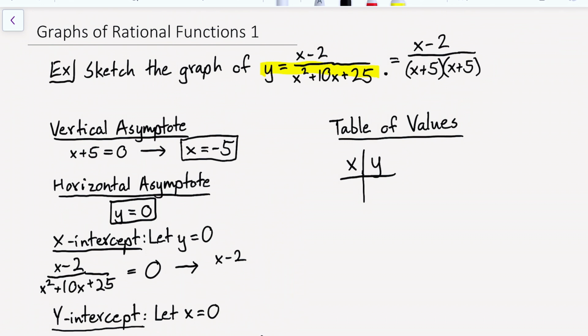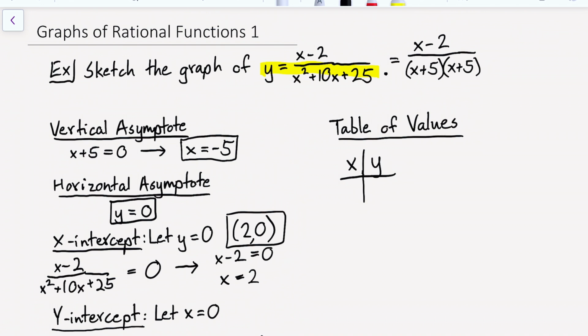The denominator can't equal 0, or the function would be undefined. So we're going to say x minus 2 equals 0, or x equals 2. That means when y equals 0, x equals 2, and that is a point on the graph of this function.